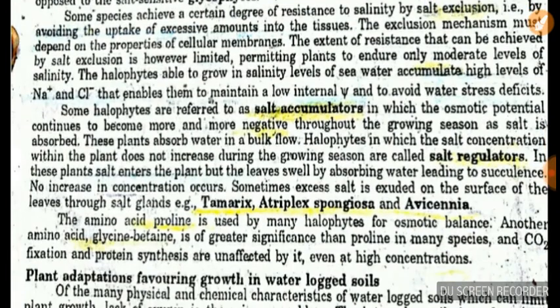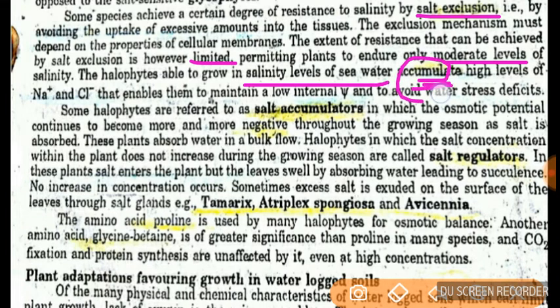Okay, then these halophyte adaptations we are talking about. The first thing is salt exclusion, but this occurs at moderate levels, and this is very limited. But what is the actual adaptation? Just listen very carefully: they grow in the salinity levels of seawater. They accumulate high levels of sodium ions and chloride ions, and they maintain a low internal osmotic potential.